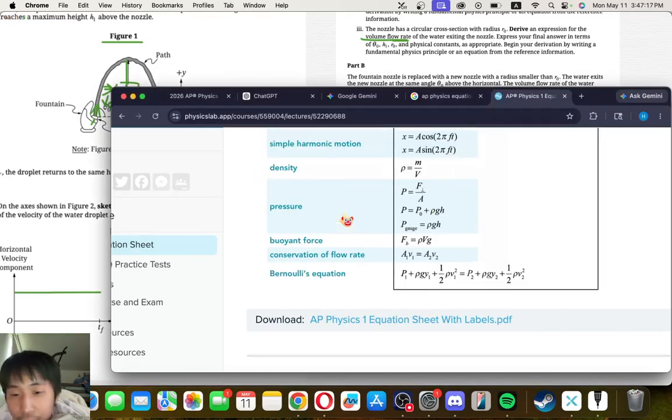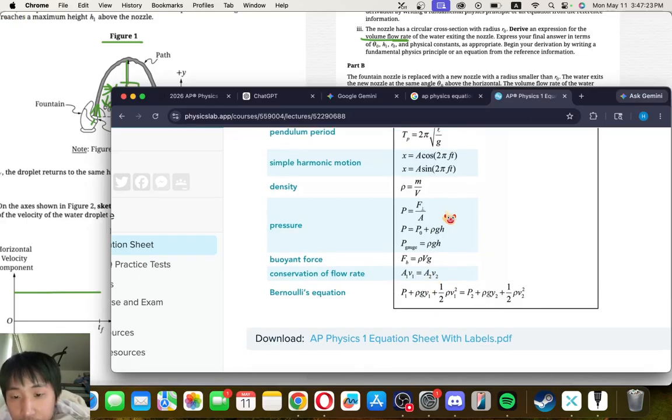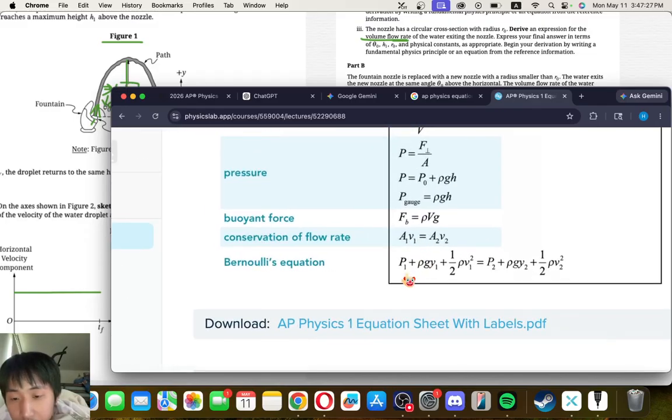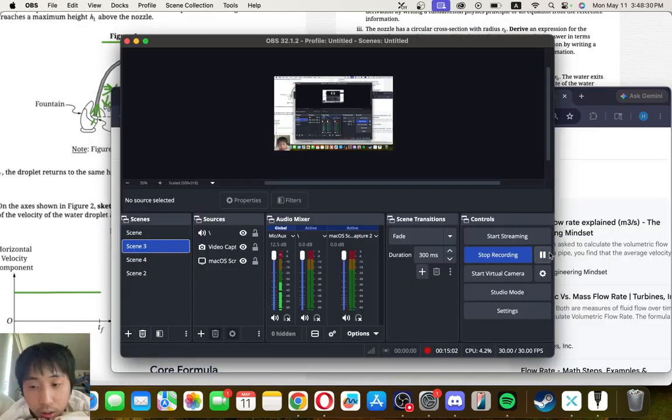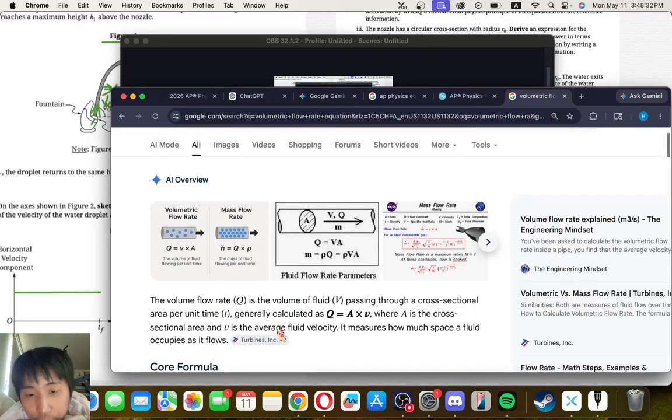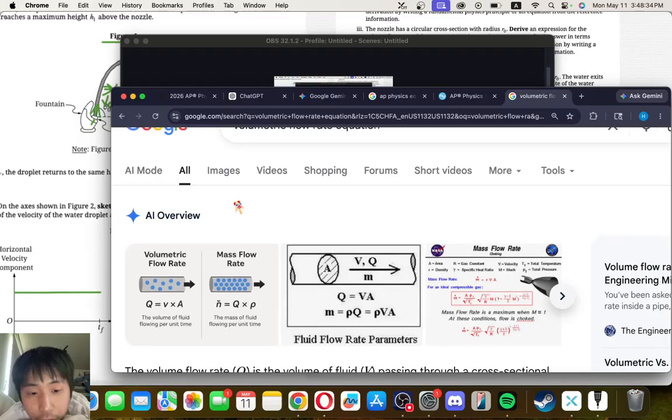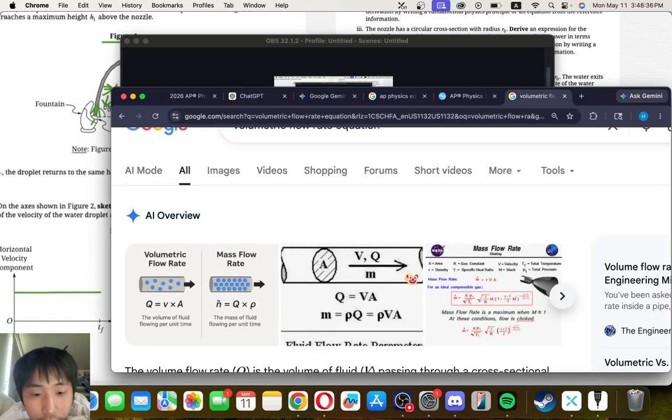Oh no. I don't know what the second A is. I don't want to know either. See if there's something I can find here. Yeah, nah. Alright, I searched up what is the volumetric flow rate equation, unfortunately.